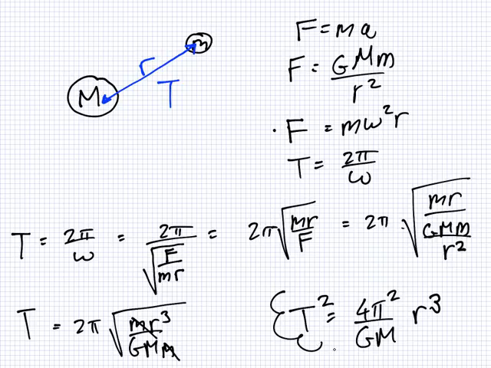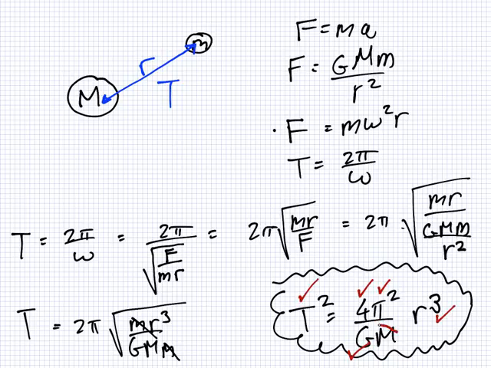And this is Kepler's second law. And the reason this law is so important is because the 4 we know, the pi we know, the G we know, the T we can easily know, and the radius we can easily know. So it gives us the way to calculate mass of planets by simply looking at how long it takes the moon to orbit that planet and the distance between the planet and the moon.